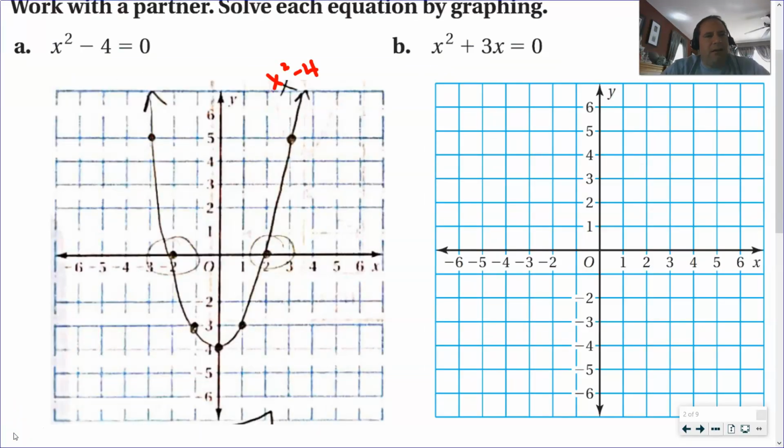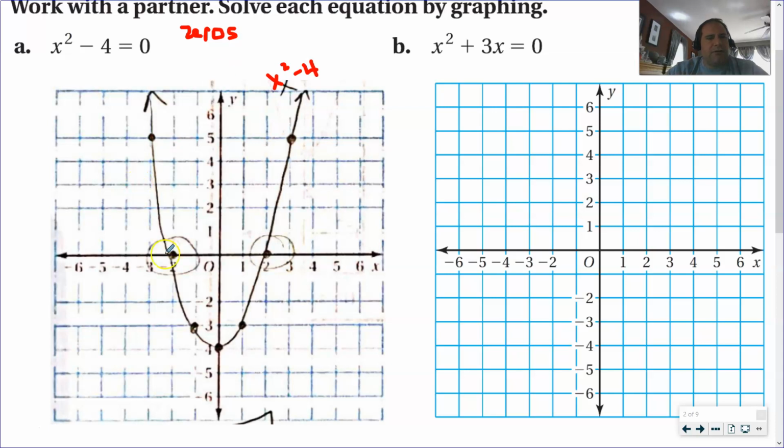So for A, when you plot your parabola, they have something called the zeros. And the zeros are known as where the parabola crosses the x-axis.